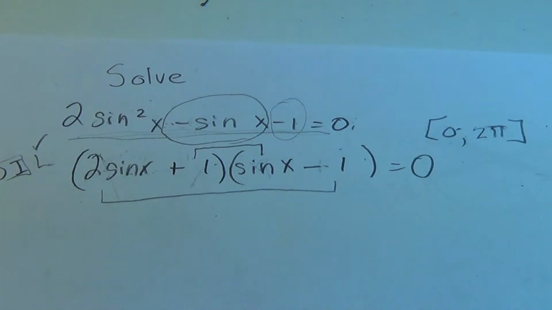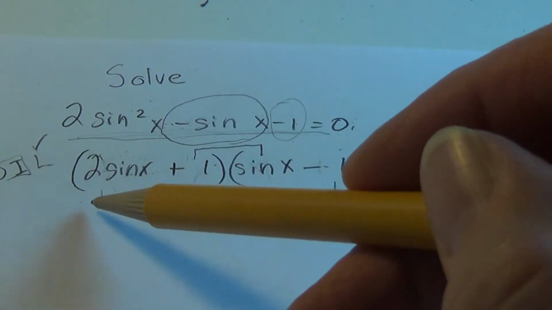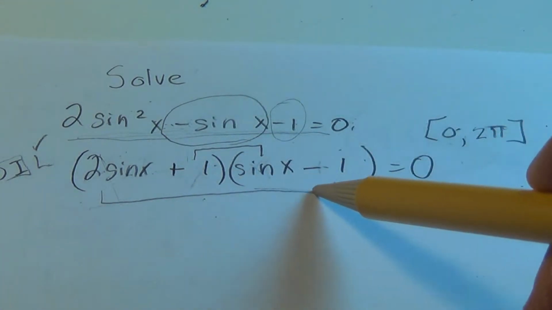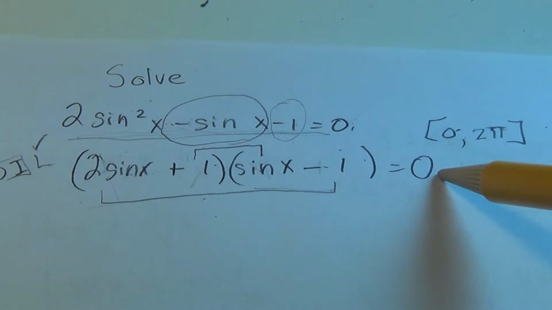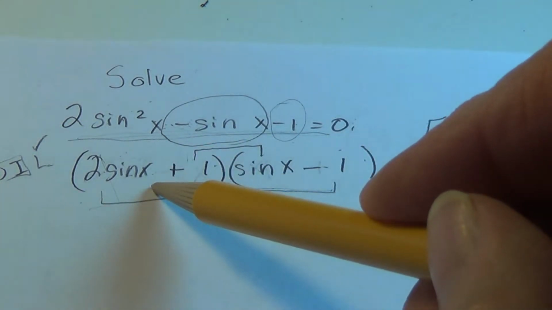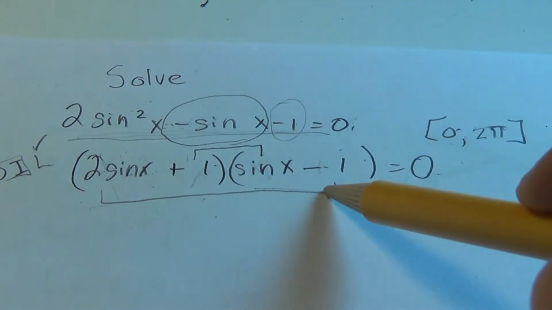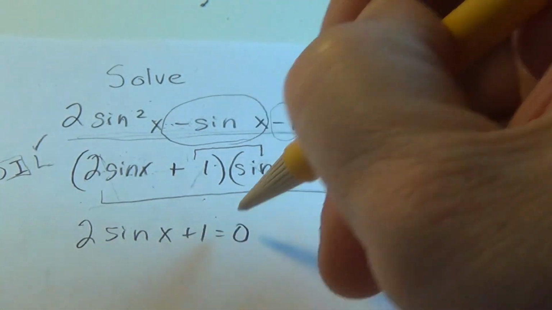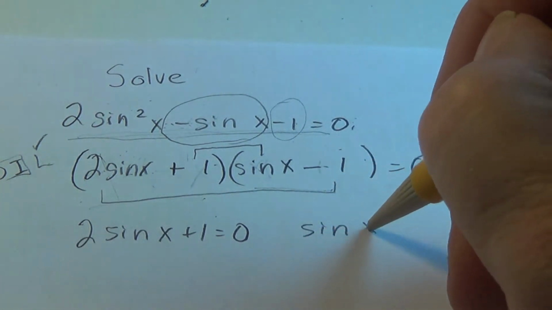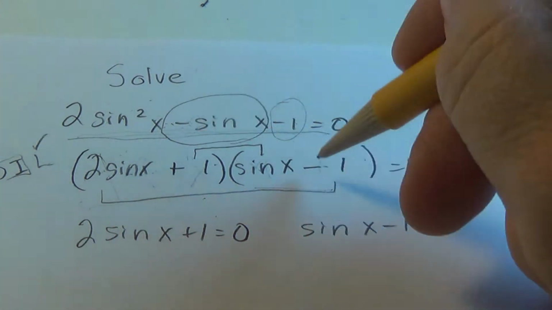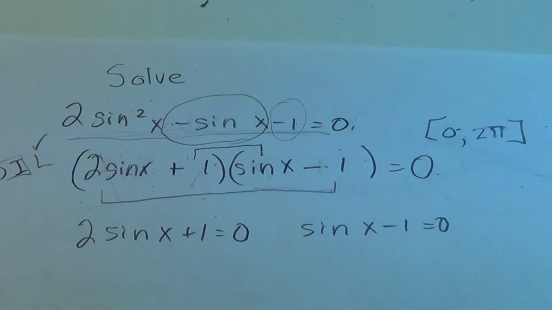The whole reason we factored is because when you multiply something times something and it gets 0, either this must be 0 or this might be 0, or both. So we're going to take each factor and set it equal to 0, because if either equals 0, the whole thing equals 0.